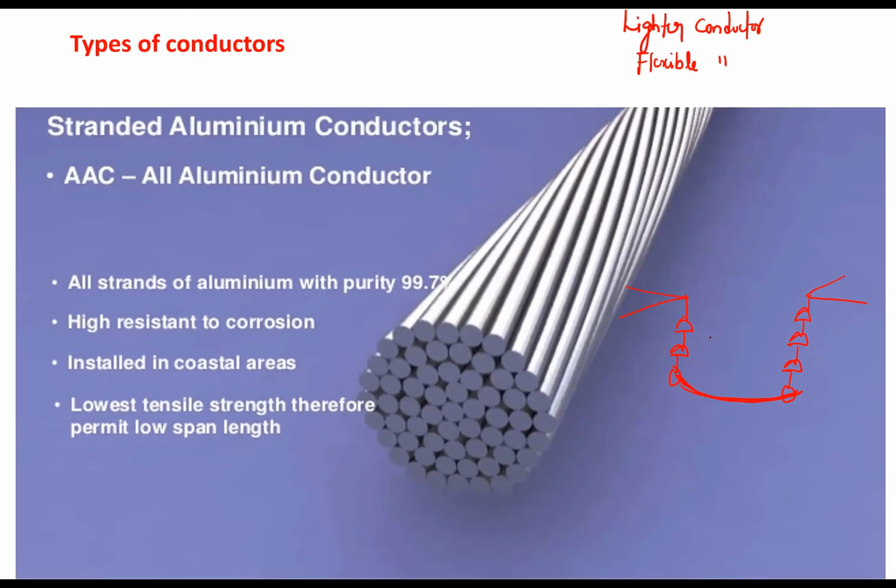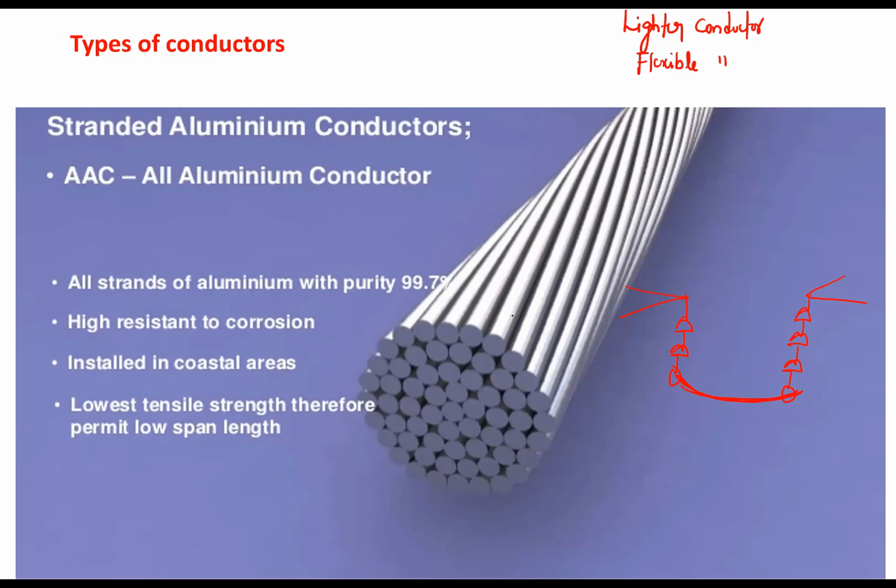So obviously for all overhead as well as underground cables, the choice boils down to stranded conductors only, because we have to lay cables also, where the cable should have flexibility. So this is a stranded conductor.